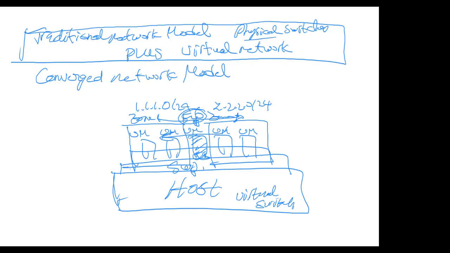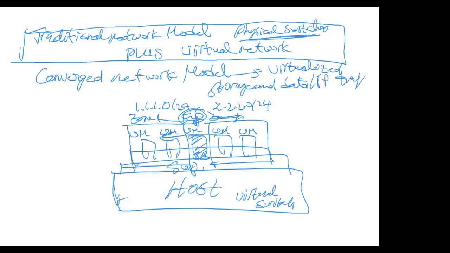We don't have a physical situation like this. In the convergent model, all of them are virtualized, and they have all the traffic for storage and data IP traffic on the same network. Okay?